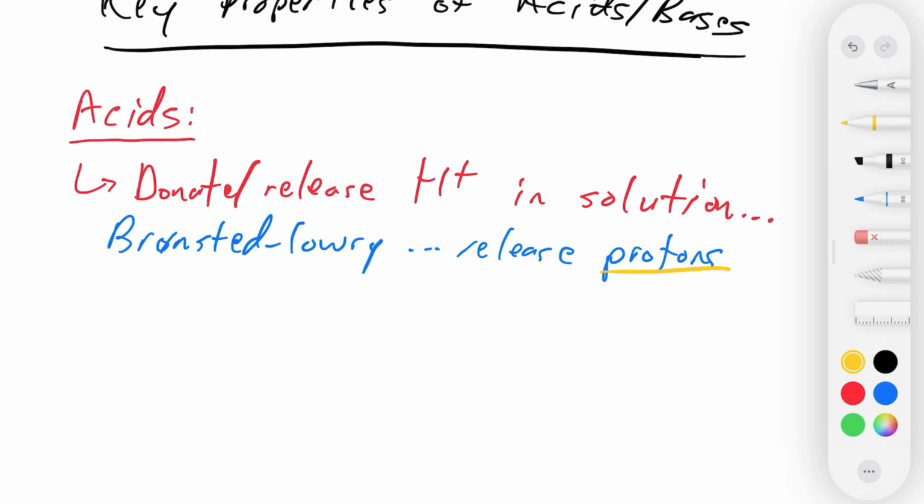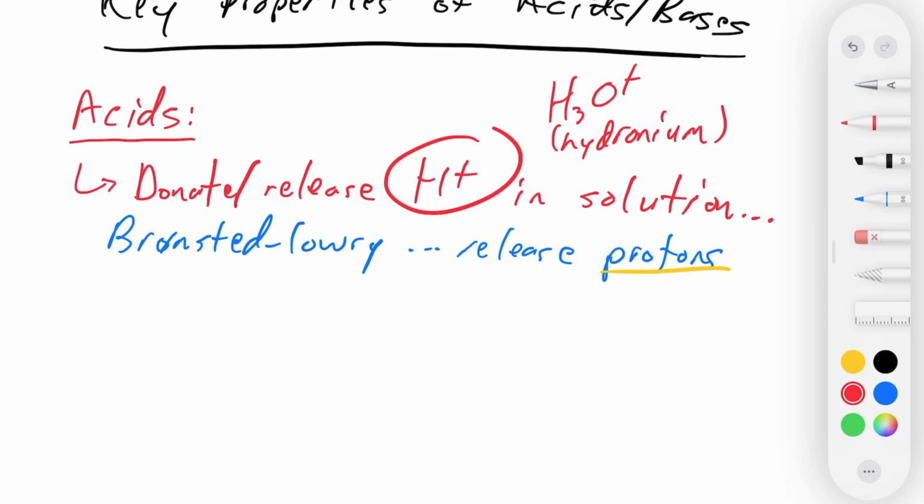So they donate, release H+ in solution, and of course the H+ that we refer to is really short form for the hydronium ion, which is H3O plus, right? So they are the same thing. H3O plus and H plus are the same thing.